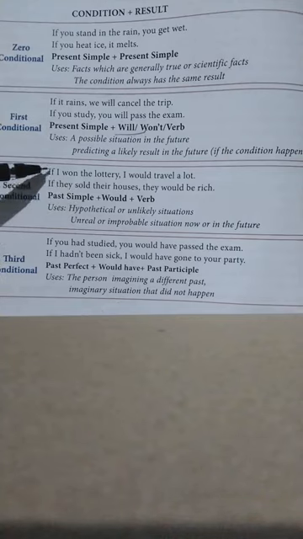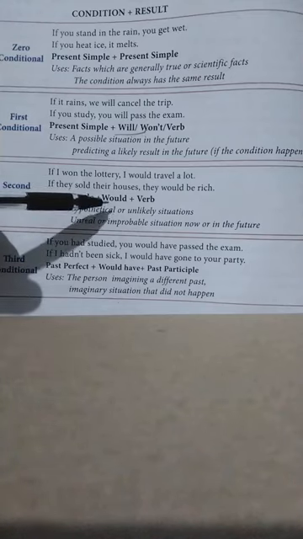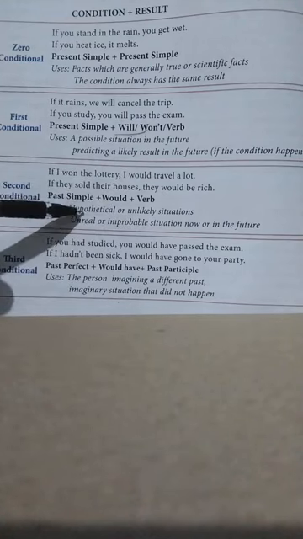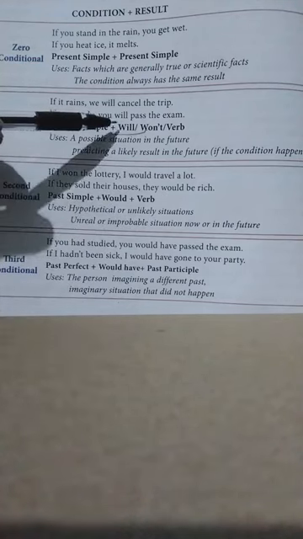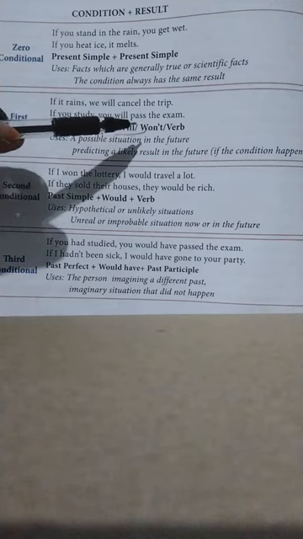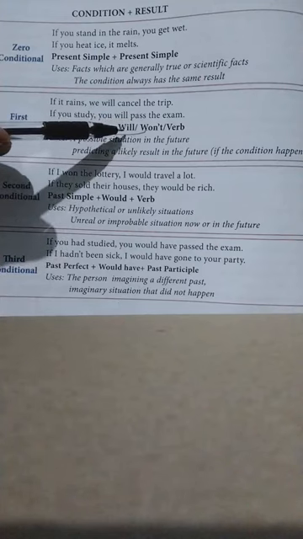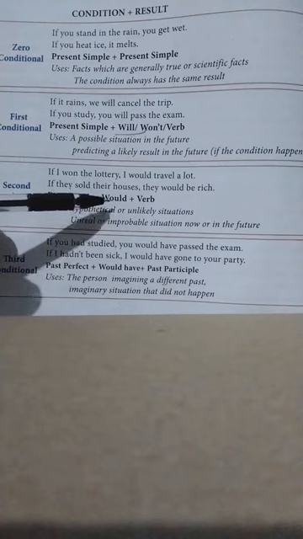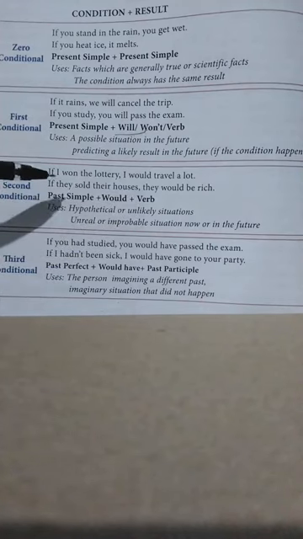And the main clause, you will come across the modal would, and the verb should be in the present tense. Right, my dear? In the first conditional you use will, but in the second conditional you will use would, and moreover the verb should be in the present tense.